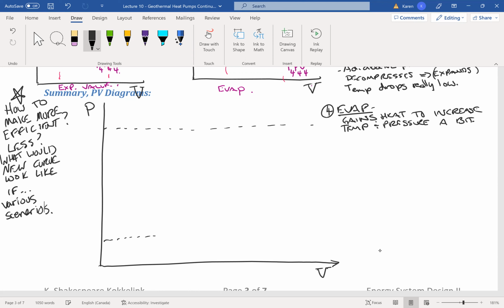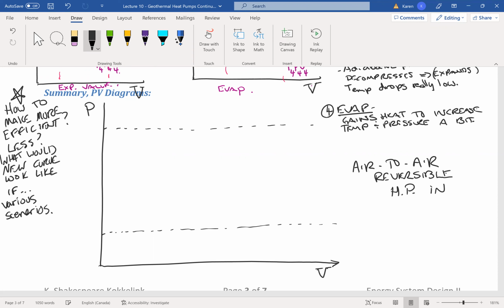So let's take a look at sort of the normal case, sort of an ideal. We're going to do an air-to-air reversible heat pump in heating mode.